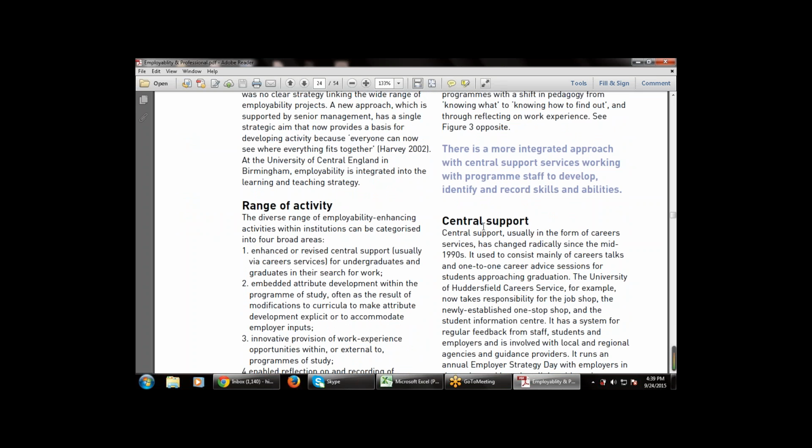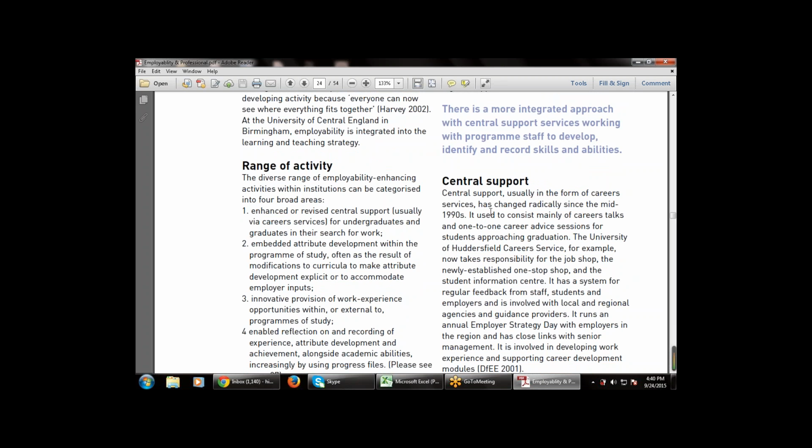Now next is how the central support can affect the program staff. The central support, usually in the form of career services, has changed radically since the mid 1990s.